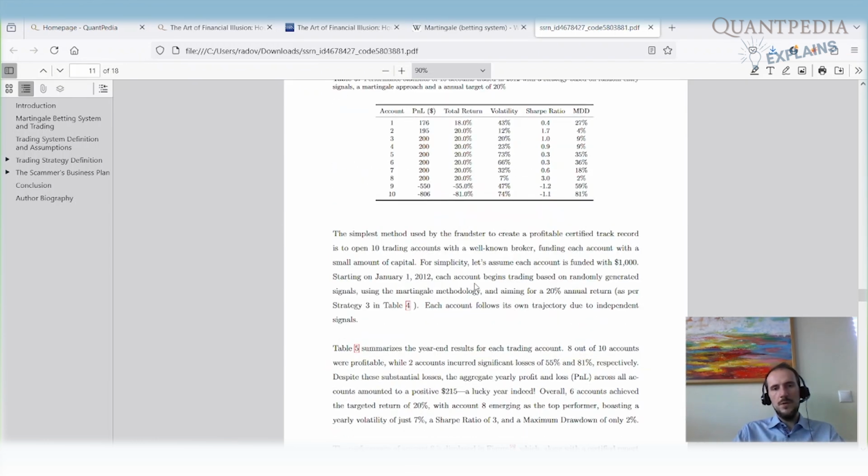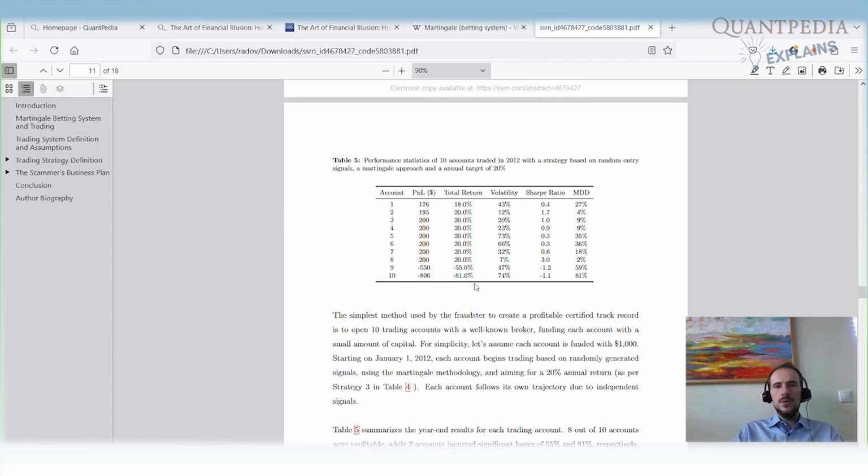It's very easy. What you will do is open 10 accounts, put a small amount of money into each account, and then run the Martingale on each account. Of course, some of the accounts will end up with horrible losses, like an 80% drawdown or a 55% drawdown. You will lose all of the money.